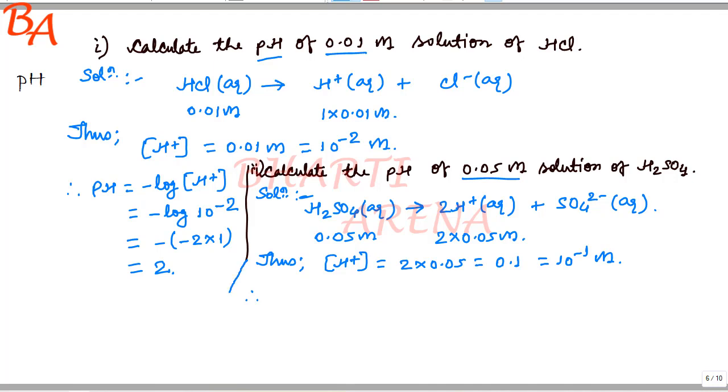Therefore, pH equals minus log concentration of hydrogen ion equals minus log 10 to the power minus 1 equals minus 1 into 1. We know that the value of log 10 is 1 equals 1. So the pH of sulfuric acid solution is 1 in this case.